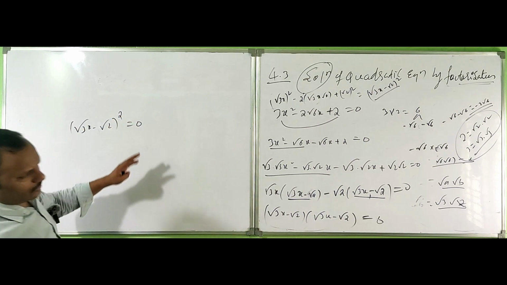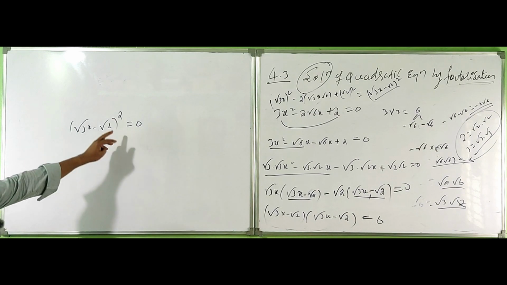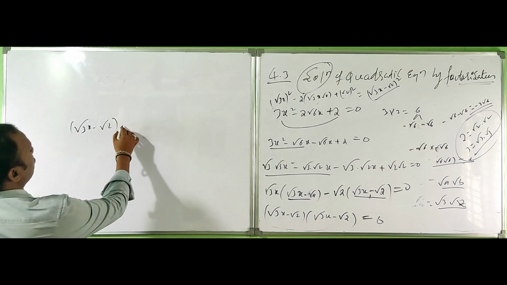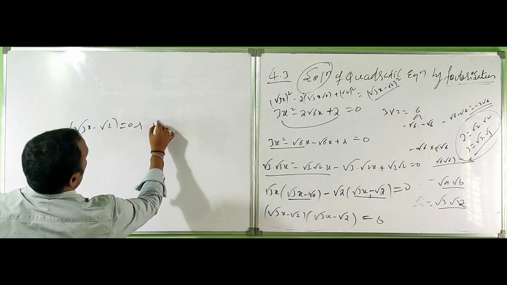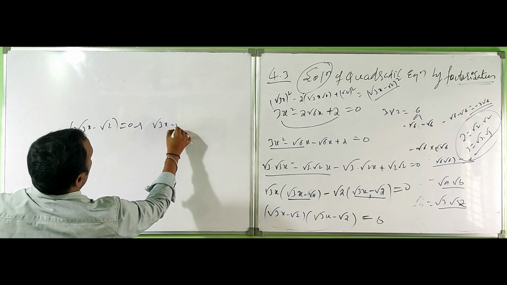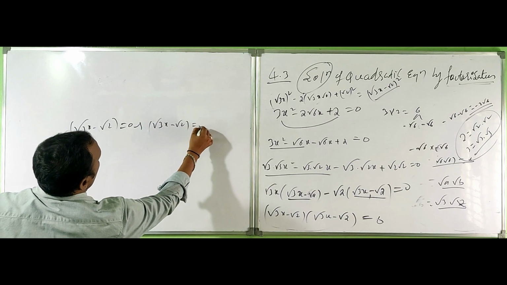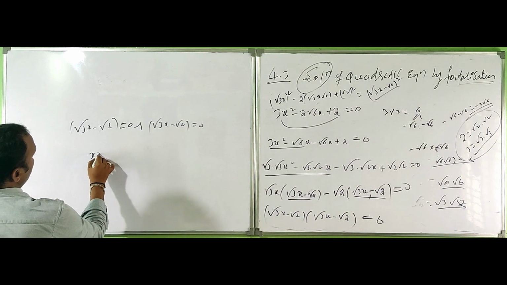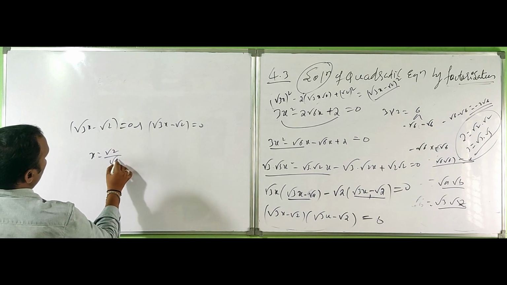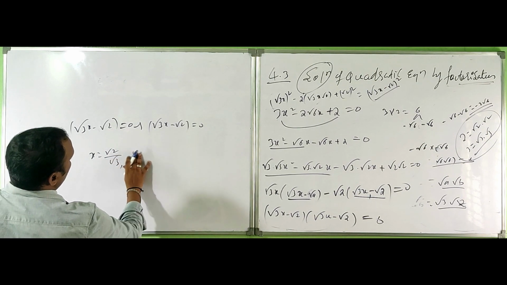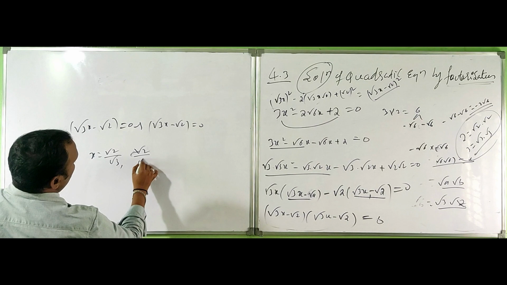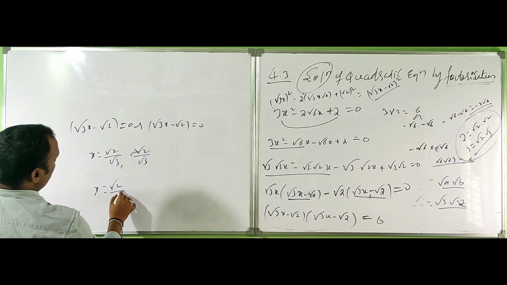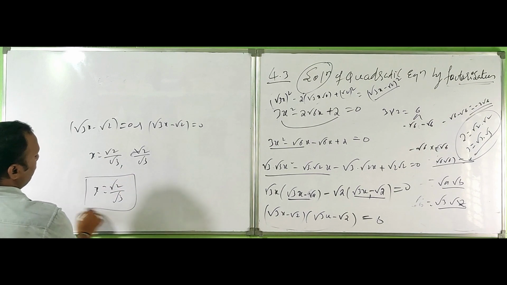Here you can take the two values you are getting. Okay, here there should be no confusion. Root 3x minus root 2 is equal to 0 or root 3x minus root 2 is equal to 0. So therefore the value of x is equal to root 2 by root 3. X is equal to root 2 by root 3. Same.